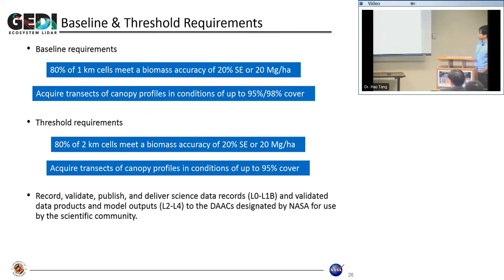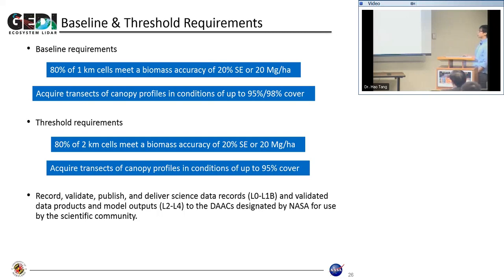These are the requirements of GEDI. We have a baseline requirement that 80% of the 1 kilometer forest cells will have a biomass accuracy of 20% standard error, or less than 20 megagrams per hectare. And we'll acquire transects of canopy profiles in conditions of up to 95 and 98 percent canopy cover.